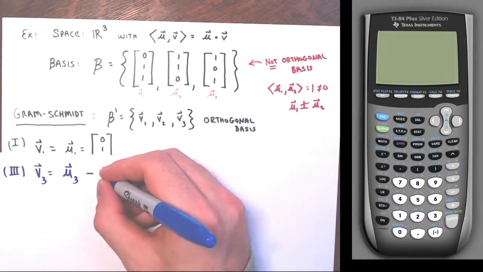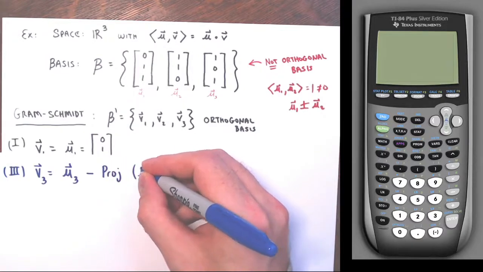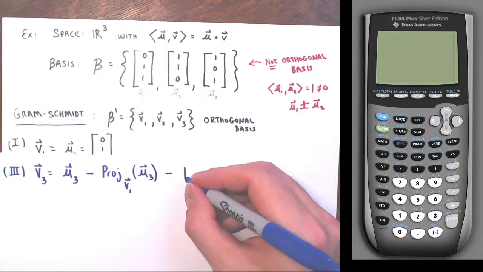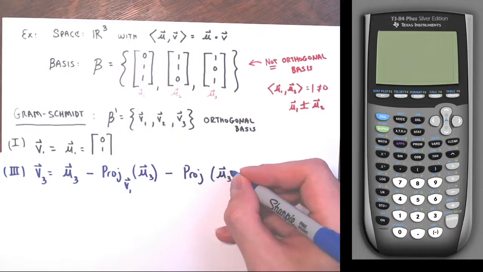So minus the projection of u3 onto v1, and then minus the projection of u3 onto v2.